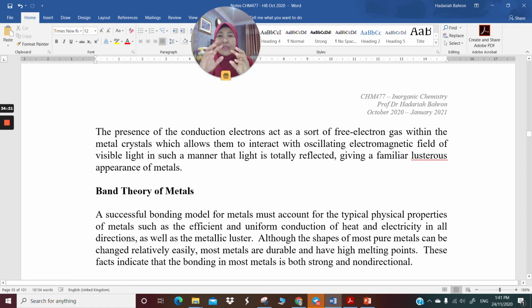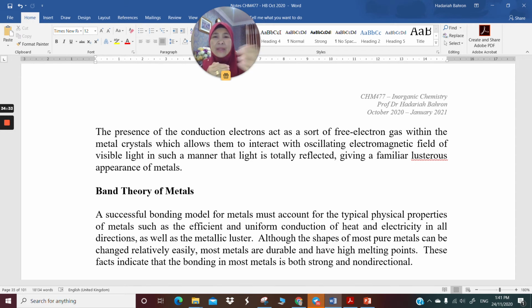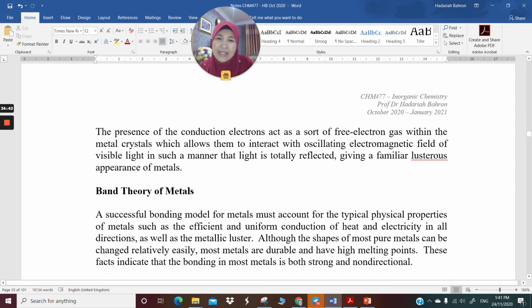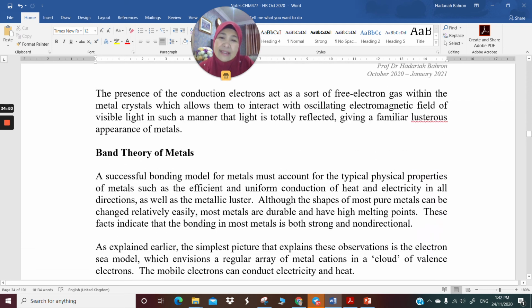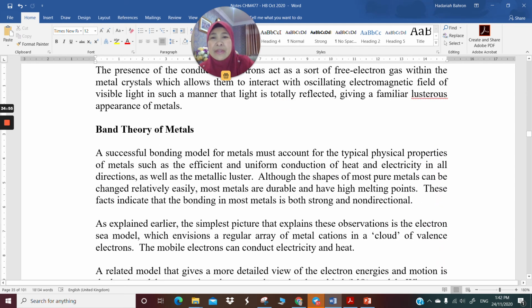So when those electrons move and interact with the oncoming visible light, the light is totally reflected, and you see the luster, the shine of the metal. So you can explain, using the electron sea model, the thermal conductivity, the softness, the hardness, and also the lustrous appearance of metals.